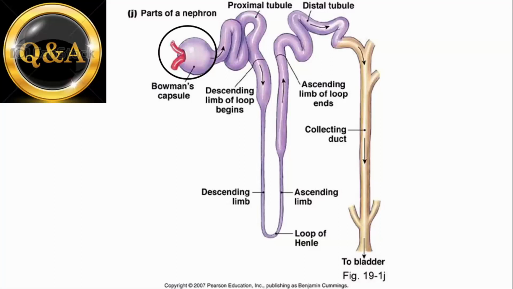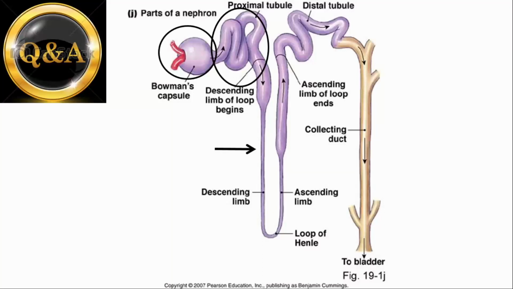So inside this circle we have Bowman's capsule, and Bowman's capsule drains into a system of tubules called proximal convoluted tubules. Proximal to what? To the renal corpuscle, and convoluted means that it is tortuous and it is tubules.